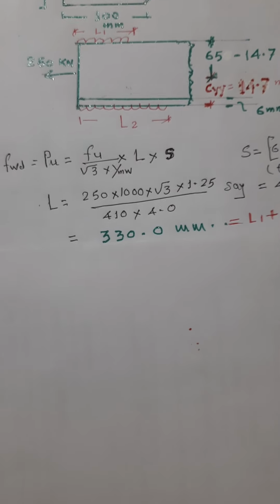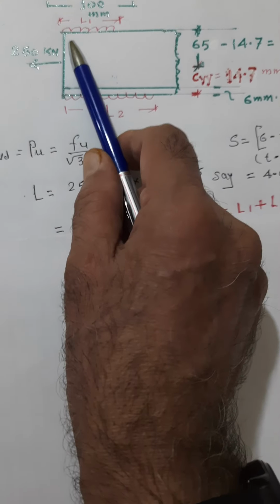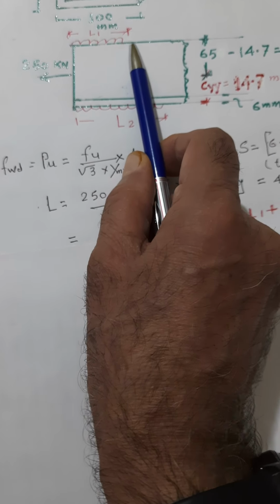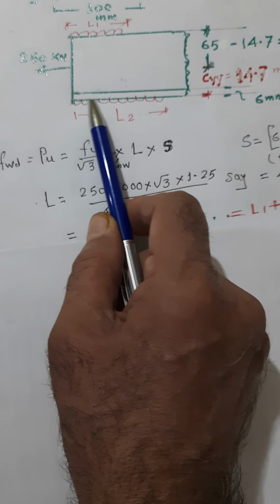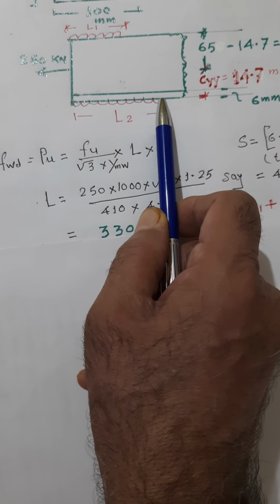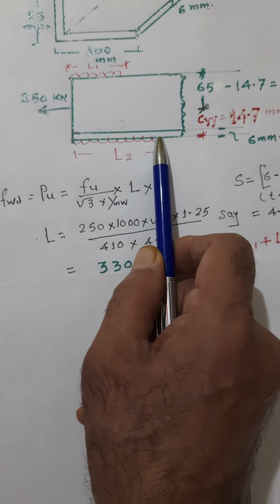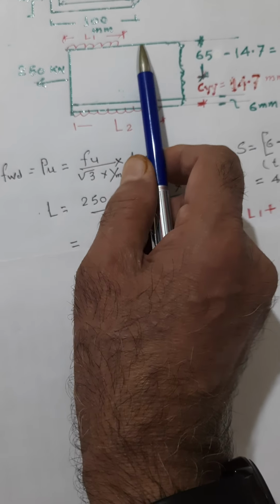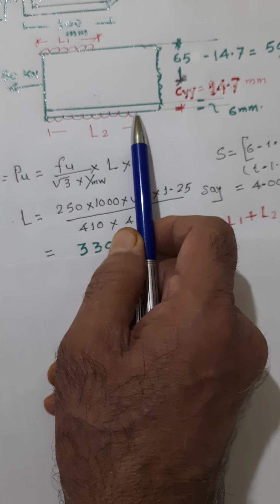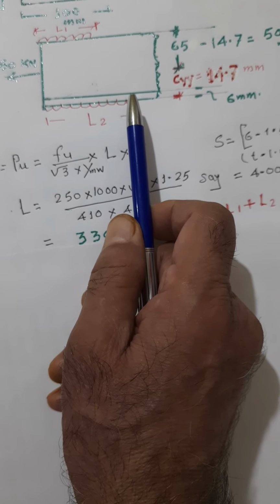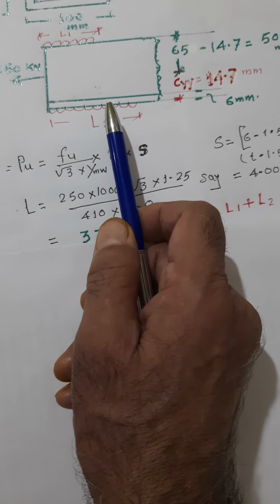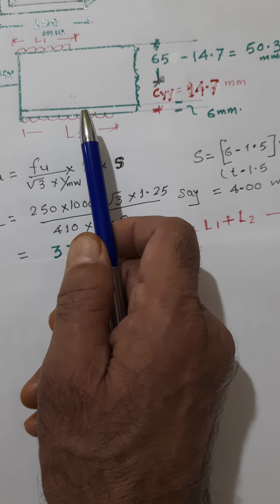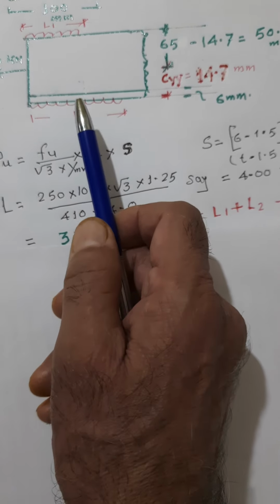Now we know the length from here to here, say L1, and the length welded from here to here, L2. The total length of the weld is L1 plus L2, so 330 mm equals L1 plus L2.